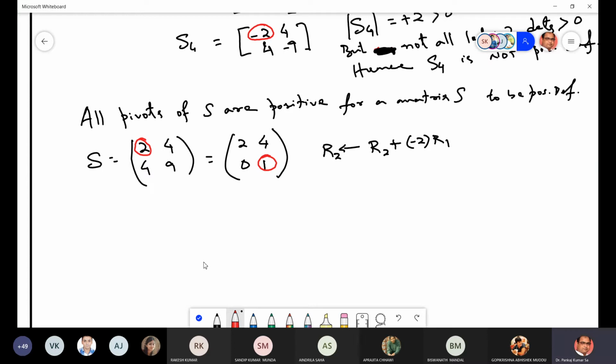Well, in case of higher order matrices, how will you do it?